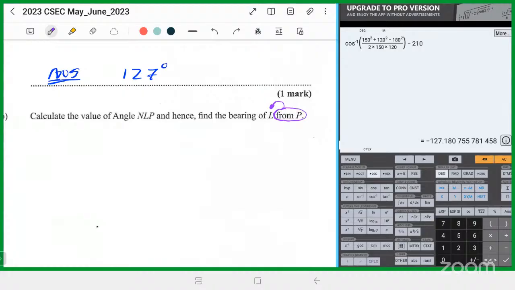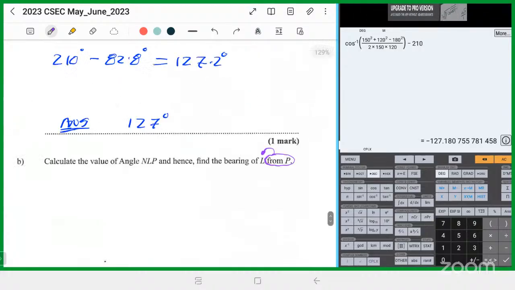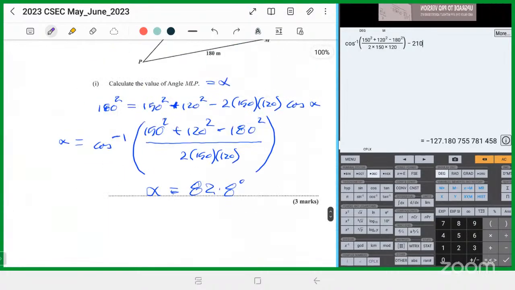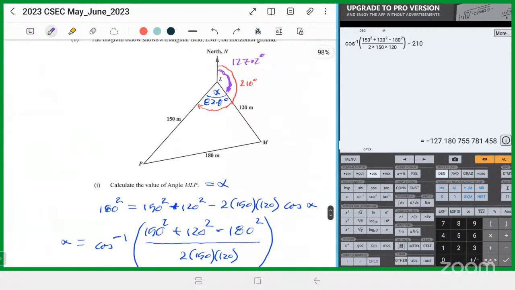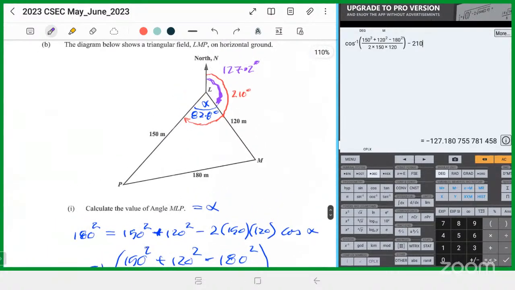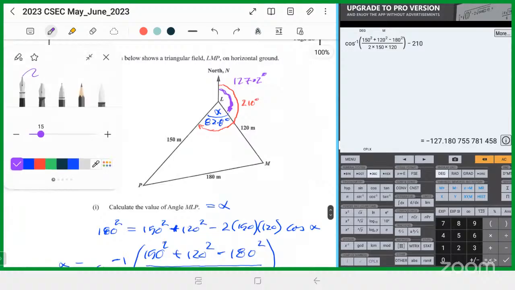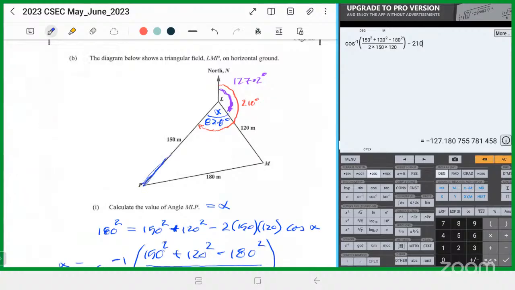It's a similar question to the one we just did not too long ago. Now they want the bearing of this direction, and they're telling us to find this angle first.